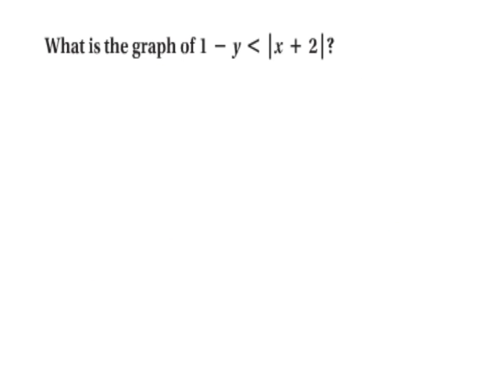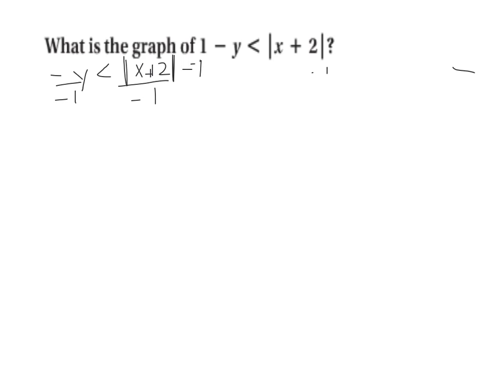So now I have absolute value. The first thing you want to do is get the y by itself. So I'm going to subtract my 1, subtract my 1. So now I have -y is less than my absolute value of x plus 2, and then I have a -1. The other thing I have to do is divide by -1.